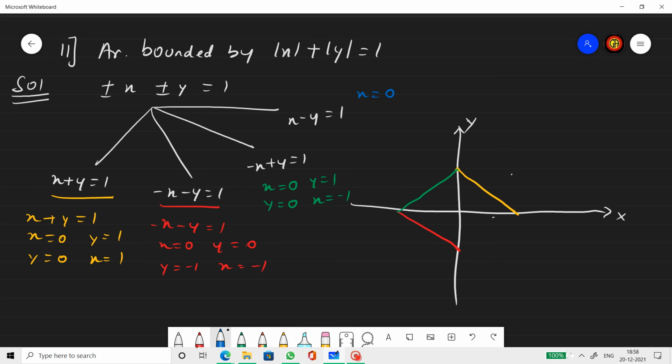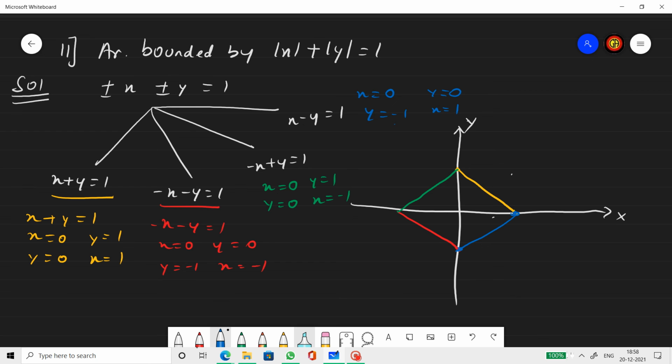So when x is 0, y is -1, and when y is 0, x equals 1. So minus 1 on y and the line goes this way. Alright, so this is the diagram.